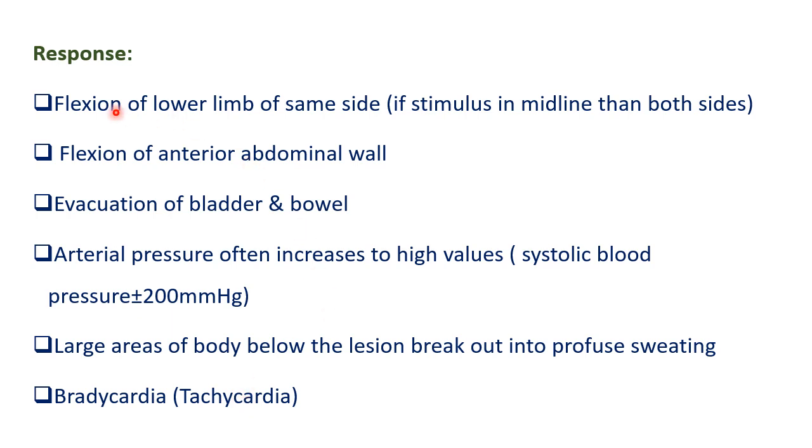So what response do we get in mass reflex? Whenever you strike the inside of the thigh or there is over distension of the bladder and bowel, suddenly there is a mass spread discharge of the spinal cord, leading to flexion of the lower limb with flexion of the anterior abdominal wall, with evacuation of bladder and bowel, and the arterial pressure shoots up, with systolic pressure sometimes going even beyond 200 millimeters of mercury, and the part of the body below the lesion suddenly starts sweating, with sometimes bradycardia.